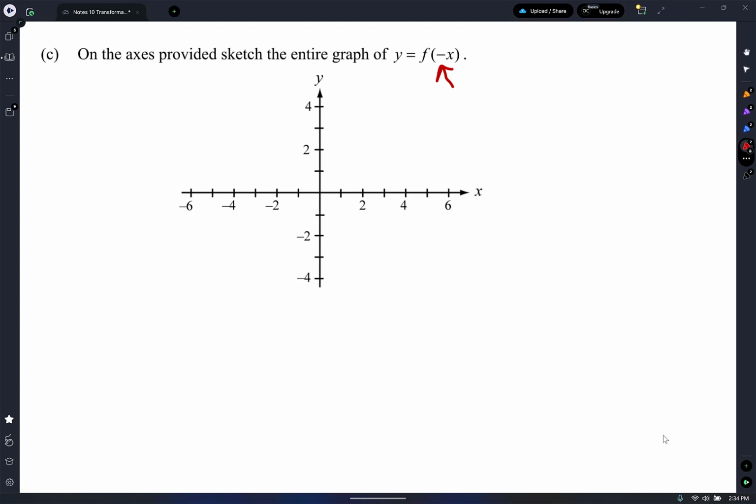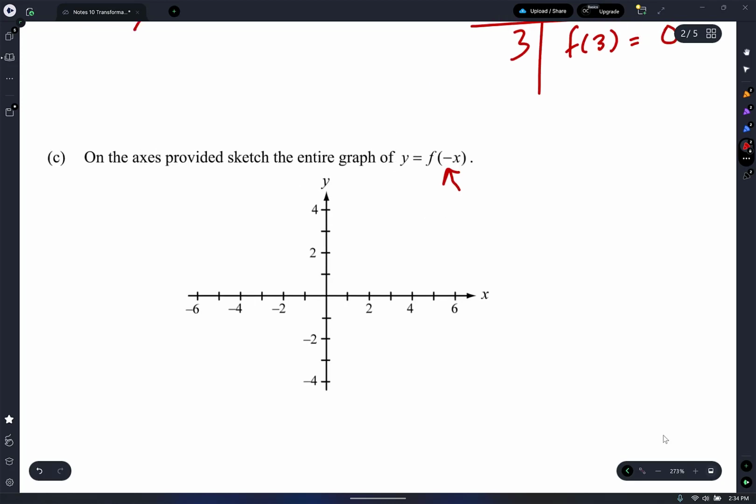Not reciprocal. I guess opposite is fine. Polarity. Why did it take me so long to figure that out? Change the polarity, guys. So whenever you hear someone say change the polarity, that means if it was positive, change it to negative. If it was negative, change it to positive.